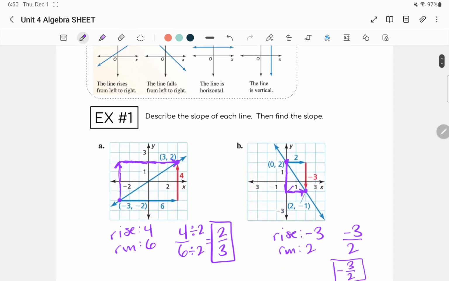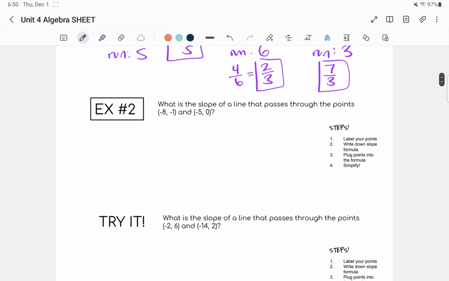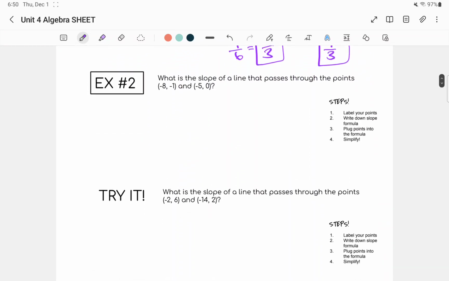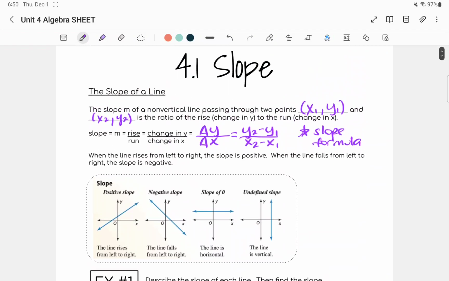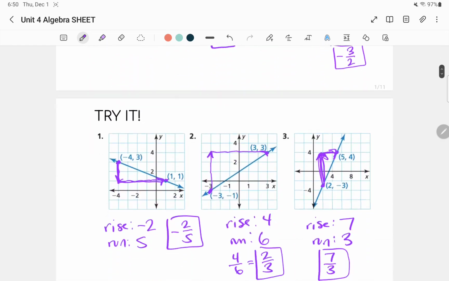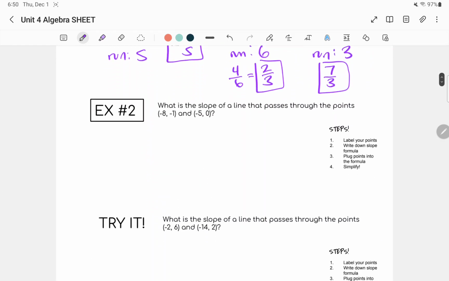Let's look at the steps I have provided here. It says label your points. How do we label our points? If we go back up to the notes, it says our 2 points are x1, y1, and x2, y2. So I'm going to label the first one x1, y1, and the second one x2, y2.